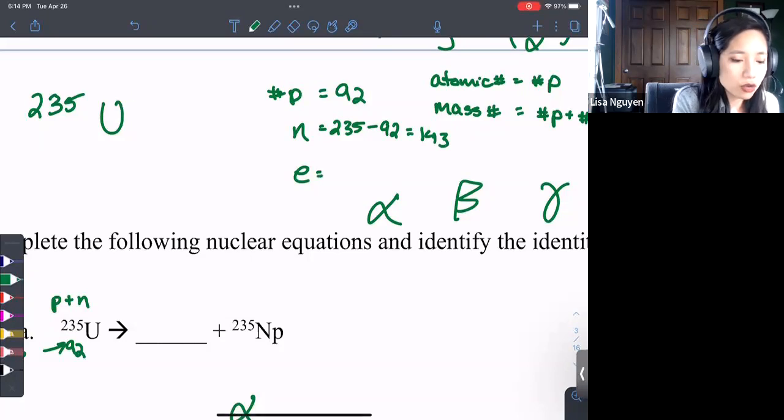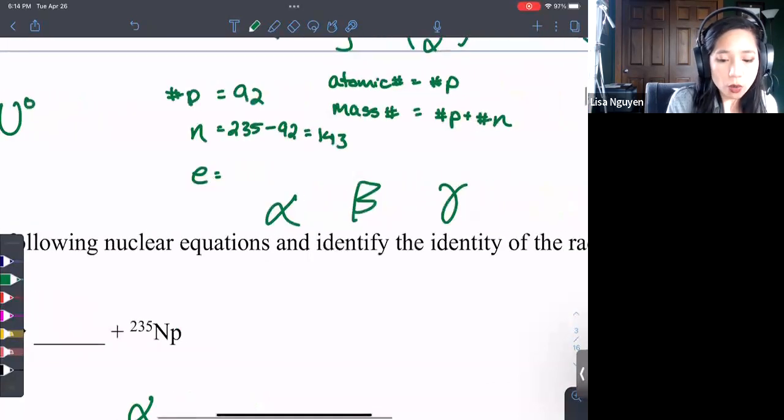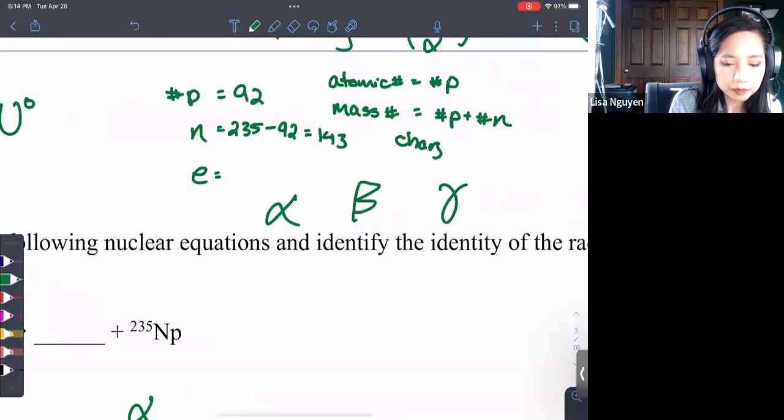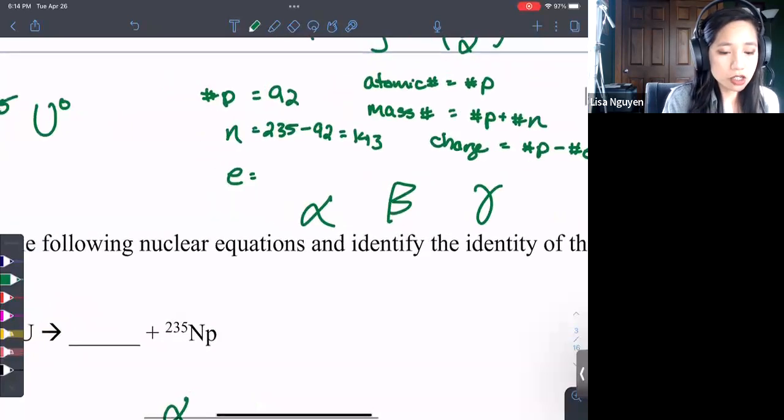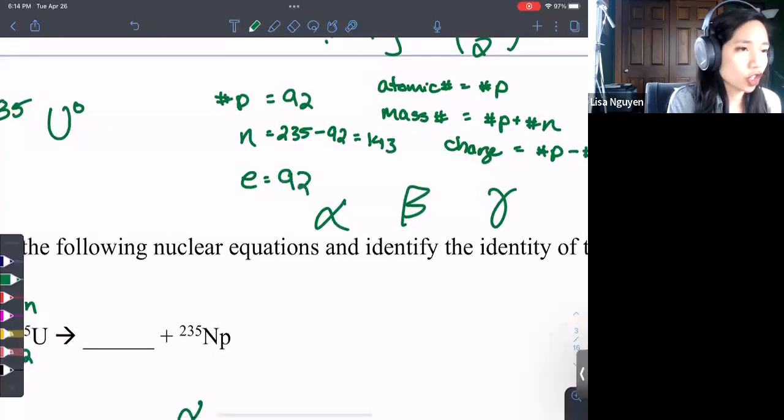And since this is a neutral atom, I know it's neutral because there's no charge. If there was a charge there, then we would use our last equation, where the charge of your atom or particle, ion in this case, is the number of protons minus the number of electrons. So remember, protons are positively charged, electrons are negatively charged. Since this is a neutral atom, the number of electrons is the same, 92.